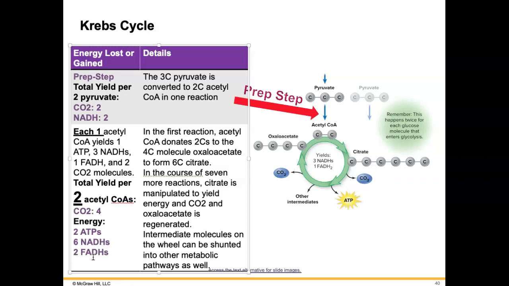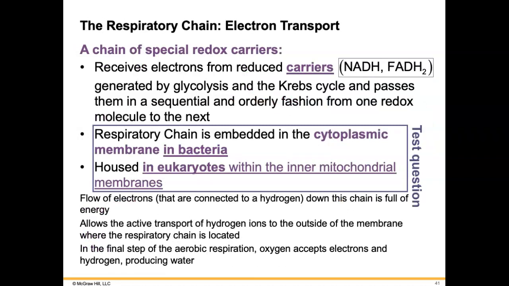And for each FADH token, we get 2 ATP. But we'll talk about that. So we went from glycolysis to the Krebs cycle, and this is what we have in the Krebs cycle. Keep in mind, you want to add that to what you got in glycolysis if you want to keep totals here.